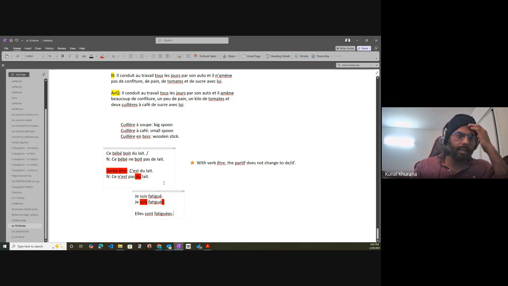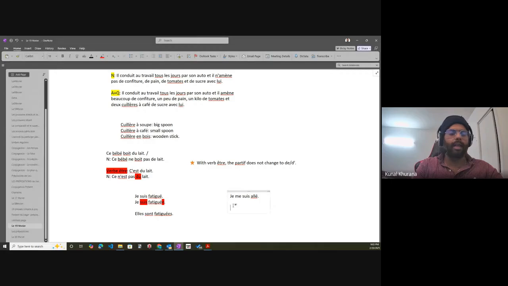And in the same way, we will do the past tense. Like I said before, there are 16 verbs that we conjugate with the auxiliary être and the rest with avoir. So we will have a look at it when we write it in the past tense. In the past tense with auxiliary être, we have to be very cautious with the concordance. Let's say, je suis allé. If that were me, and if there happens to be a woman who went somewhere, she will say, je suis allée au marché.